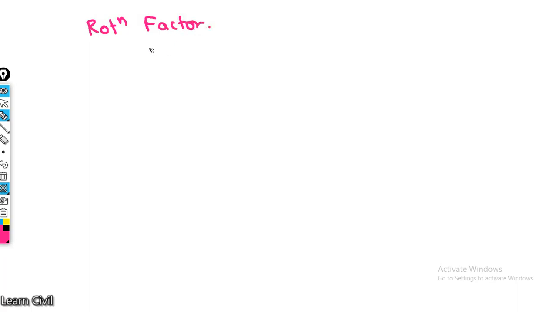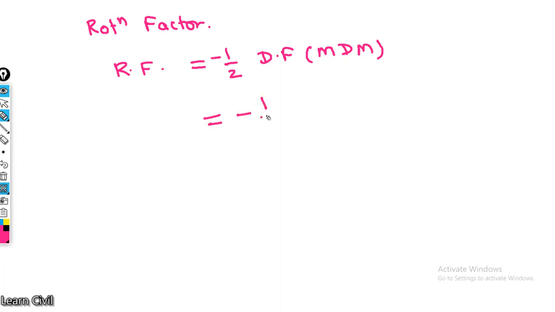In Kani's method, the rotation factor RF is given by the equation minus half of the distribution factor, which we have used in the moment distribution method. Therefore, this rotation factor will be equal to minus half, or minus 0.5, into the distribution factor, that will be Ki divided by summation Ki.